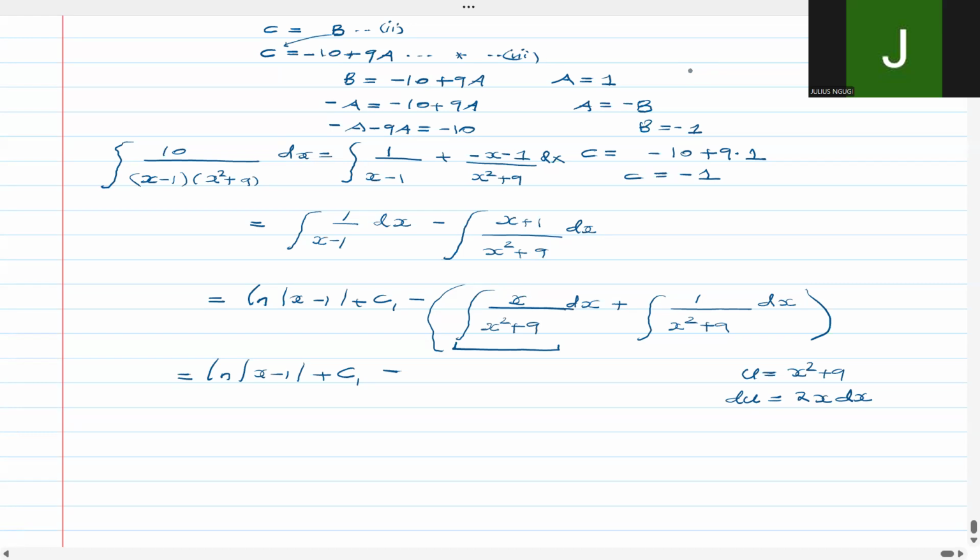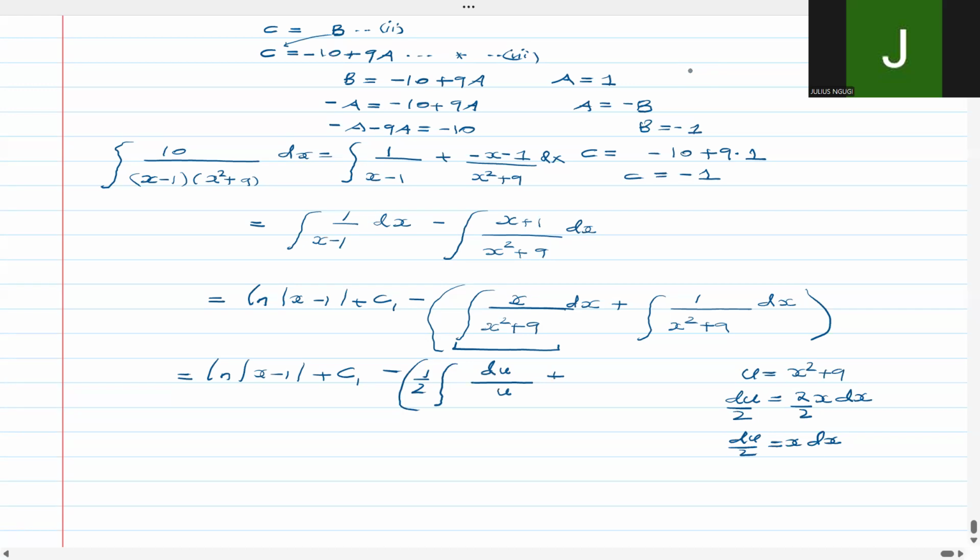To get x dx, which is the numerator, in terms of u, you just divide by 2 on both sides, giving du over 2 equals x dx. That means that in my parentheses, I'll be integrating a function of u, whose numerator is du over 2, so I can factor out a half, and then the denominator is u.